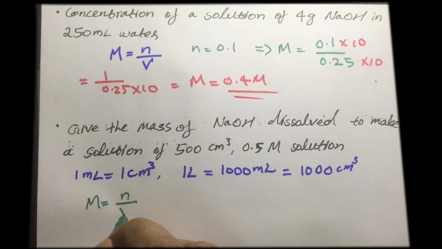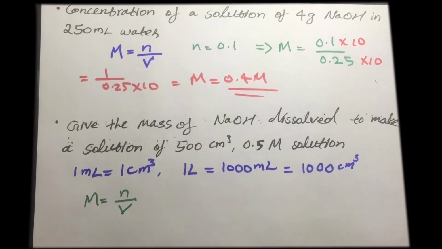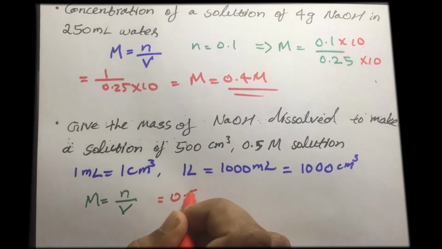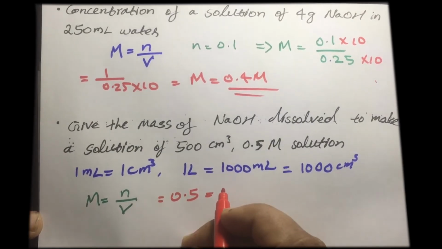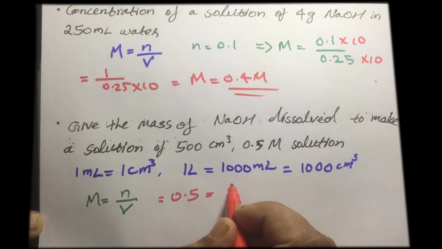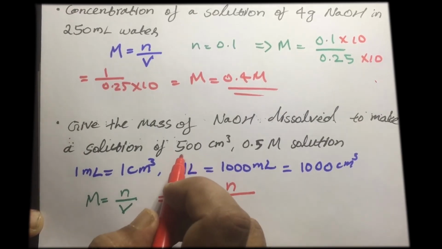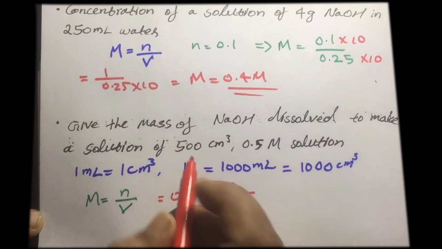Here molarity is given. We need to find the mass of NaOH. We know that the formula to find molarity is n by V. So 0.5 is equal to number of moles n divided by volume of solution.